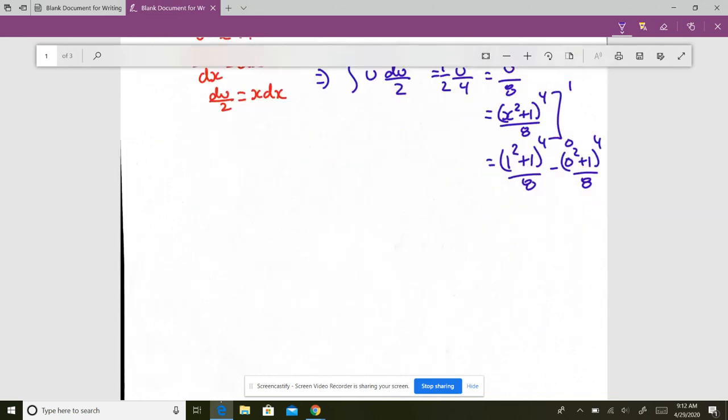Which is going to be 2 to the power of 4, which is 16 over 8, minus 1 over 8, which is 15 over 8. Okay, that's one way to do it.